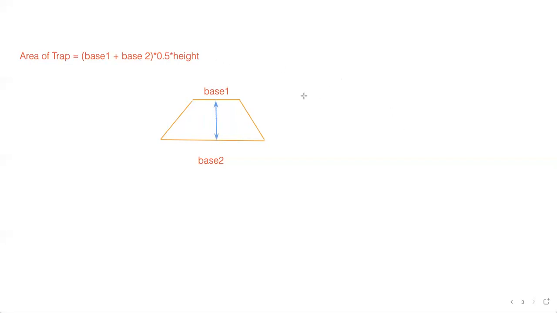But sometimes the trapezoid will be what they call a right trapezoid. And it looks like this. So you've got a right angle, okay?